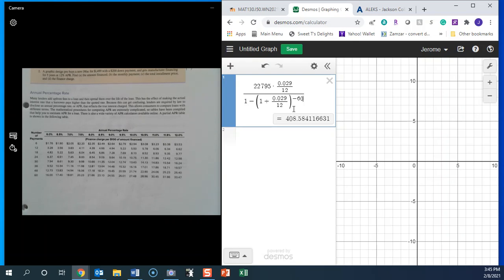This allows consumers to compare loans with different terms. The mathematical procedures for computing APR are extremely complicated, so tables have been compiled to help you to estimate APR for a loan. There is also a wide variety of APR calculators available online. A partial APR table is shown in the following table.